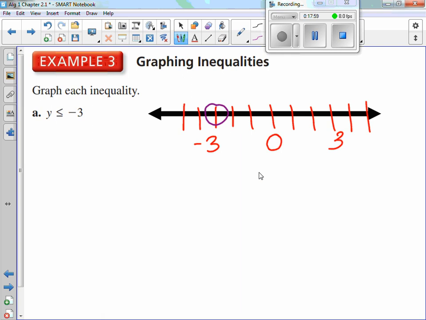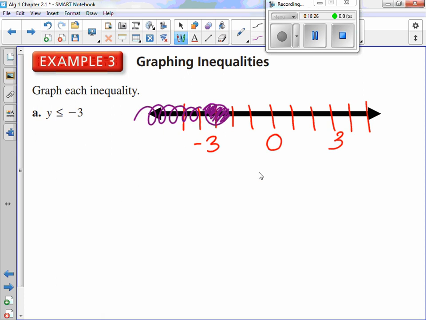So here I have y is less than or equal to negative 3, yes? So do I fill the circle in? Because anytime we see an equal sign, we fill it in. And do we shade to the left or to the right? It's going to go to the left because it's less than. All the values that are smaller than it.